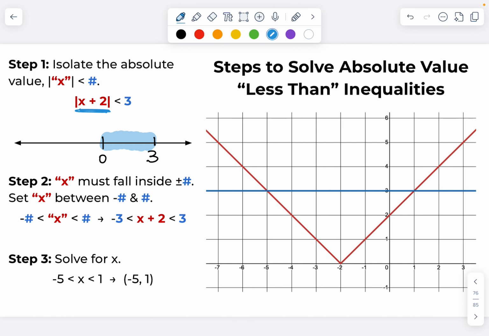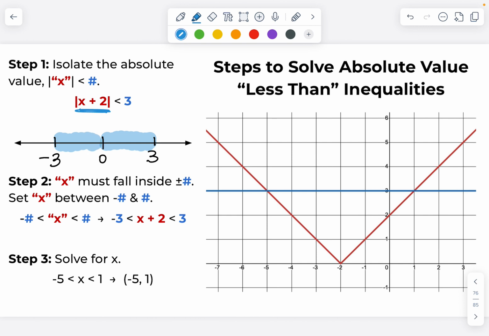The way the absolute value works is, remember, it makes whatever's inside it positive. So whatever values I plug in for x, I need that statement to be between either 0 and 3 or between 0 and negative 3.